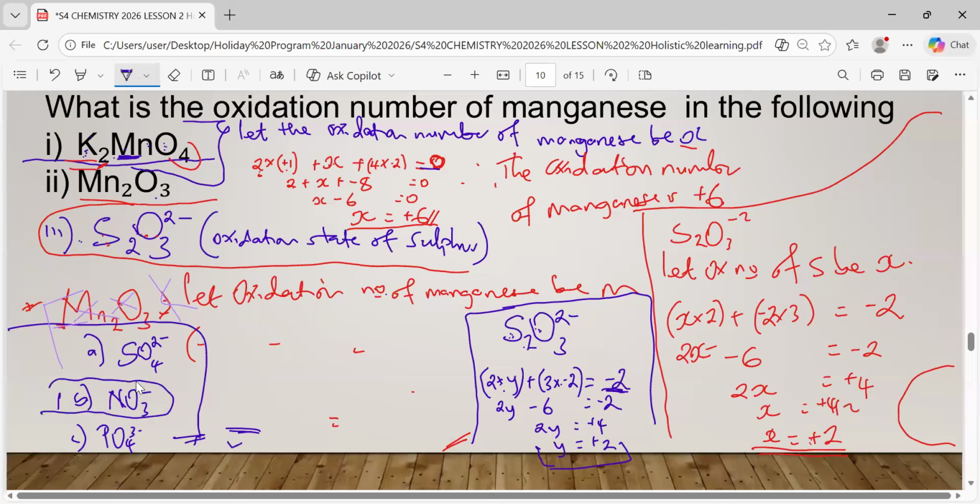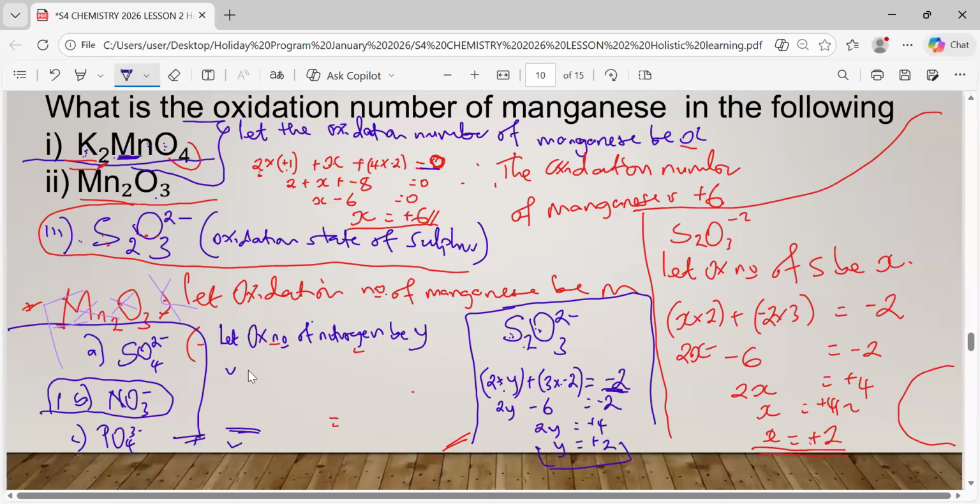Okay, so our first step will be, we let the oxidation number of nitrogen be Y. So, how many atoms of nitrogen do we have? It is 1 atom of nitrogen.